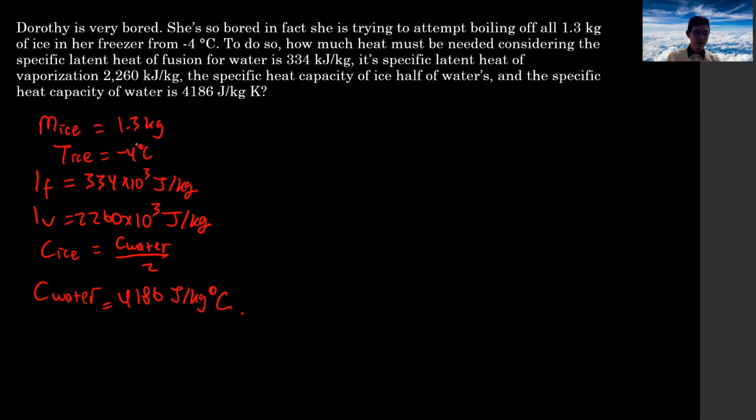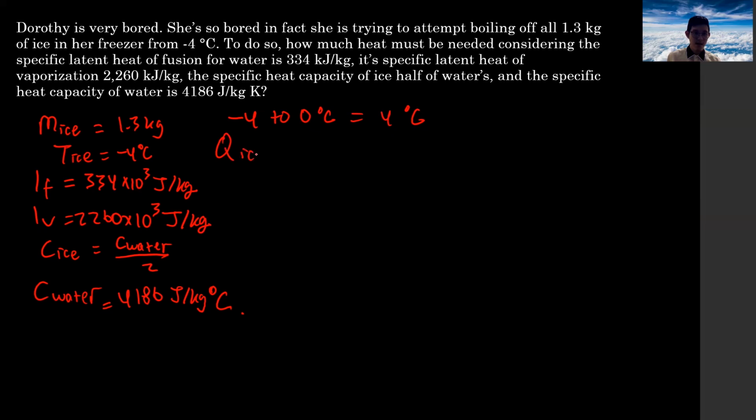Okay, so first, to get the total amount of heat we need to calculate each step. So the first step we need for boiling is to get the ice to 0 Celsius. So from -4 to 0 Celsius, let's just say is 4 Celsius.